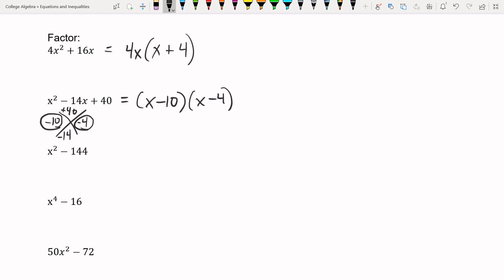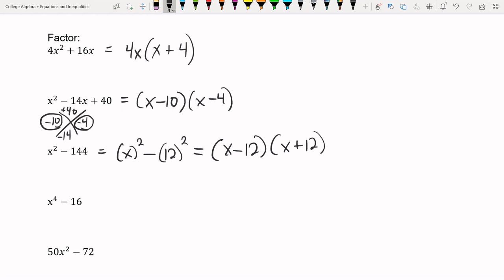This is a difference of 2 squares, namely x is being squared minus 12 is being squared. 12 squared is 144. If we know that, then we can immediately factor this into the first minus the second times the first plus the second. That's how the difference of 2 squares formula works. And that's actually factored. X minus 12, x plus 12, those are both linear terms, so we can move on to the next problem.